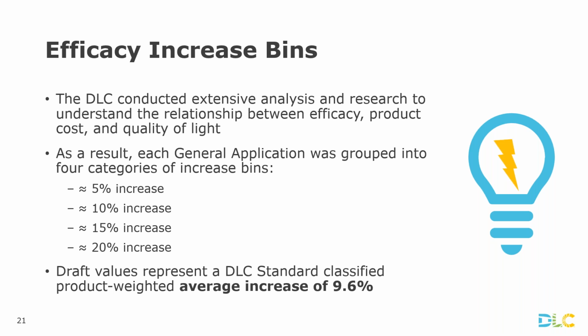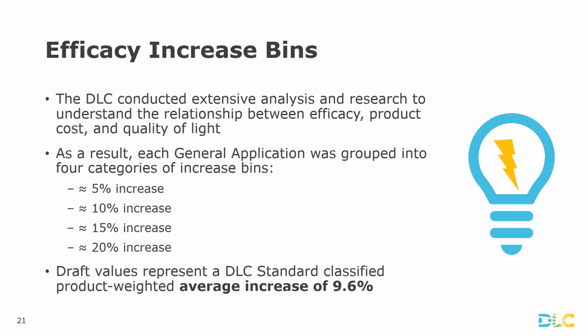And so thinking about these 4 bins, we determined where each general application would fall based on how sensitive they were to a change in efficacy, and how quality aspects like color or glare would be impacted by that change in efficacy.